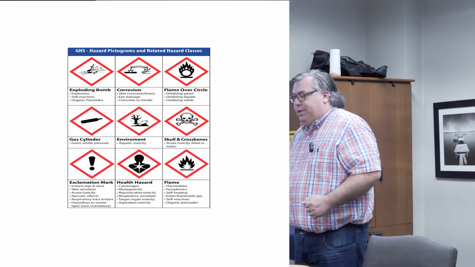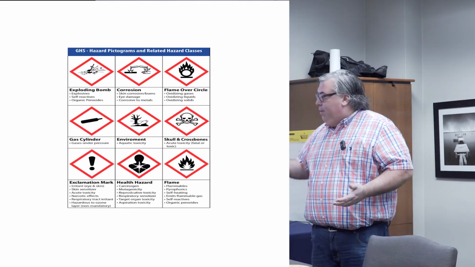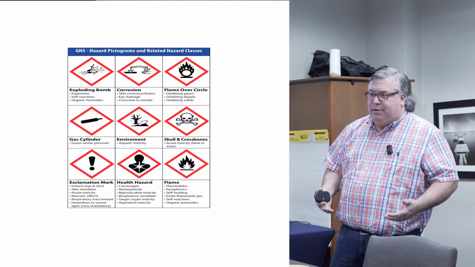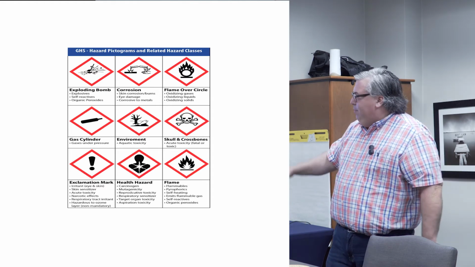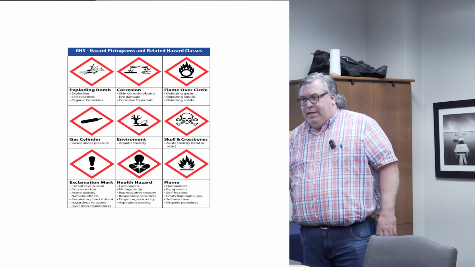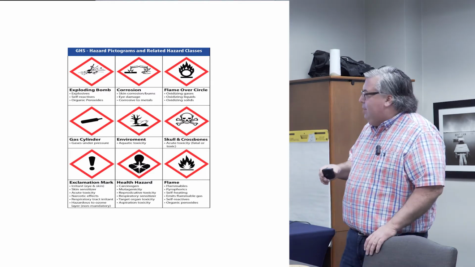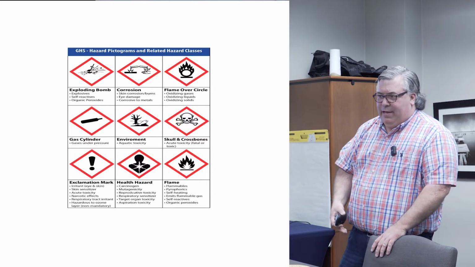Bottom middle, health hazard. So the reason that I brought this up, we talked about on the skull and crossbones, the reason I was talking about that being an acute toxic, something that hurts you now. The ones that are health hazards that have that little starfish-shaped guy on the person, these are things that will hurt you, but over a longer period of time.